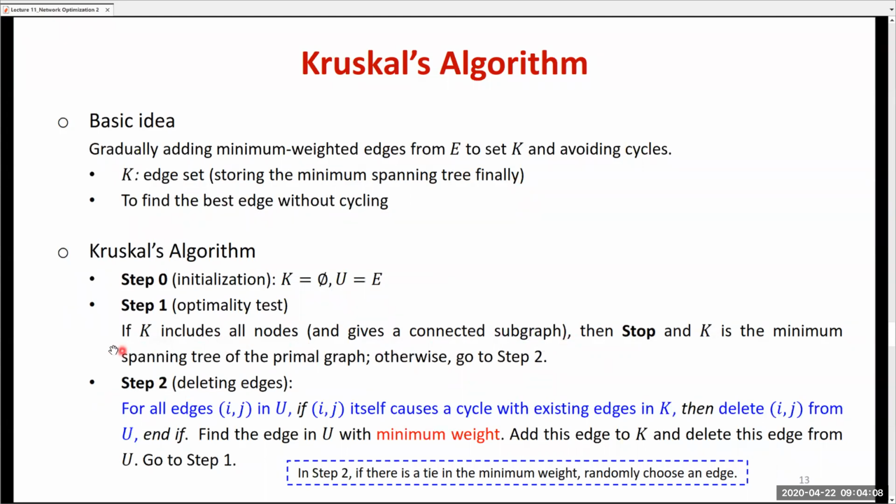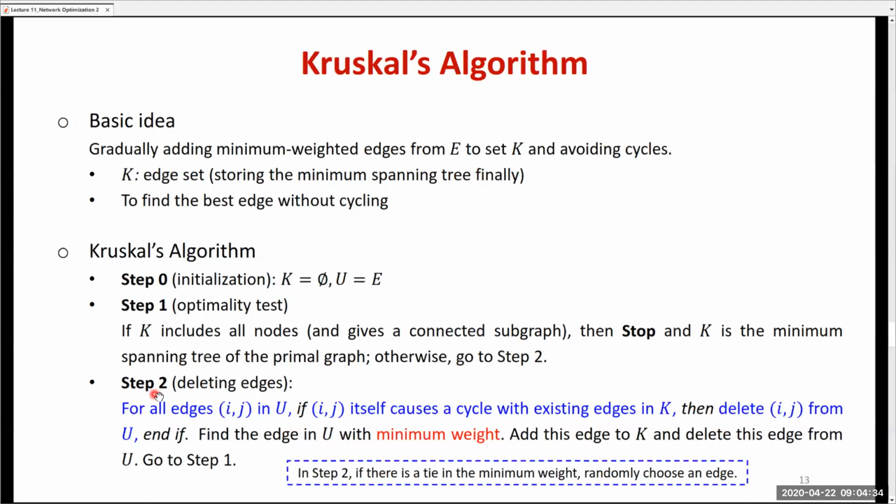By the way, it's not strict to say K includes all nodes, because after all, K is an edge set. But what I mean is that all nodes are already connected by these edges. If that is the case, then we stop, and K is the minimum spanning tree of the graph. Otherwise, go to step 2.